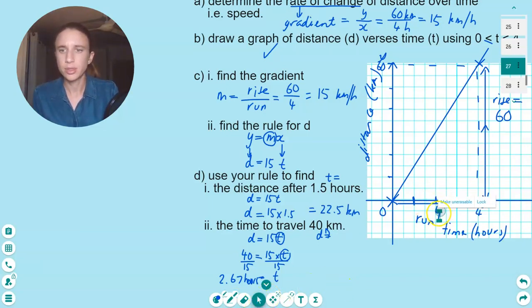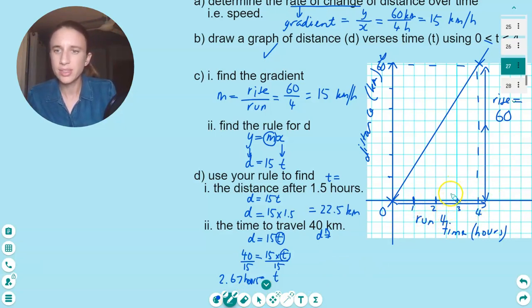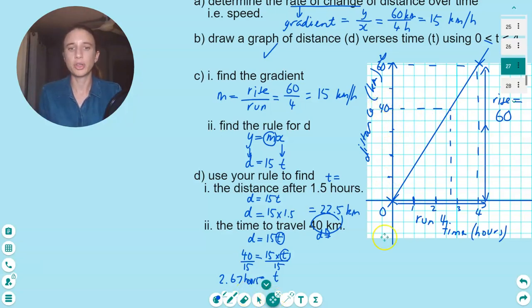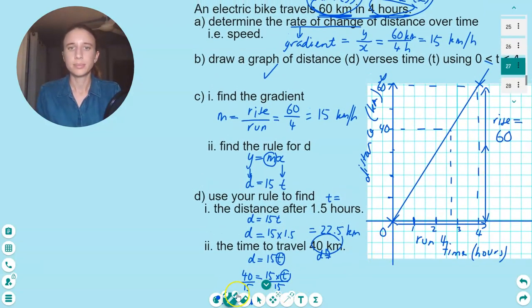That was the run that I was saying was 4. So this is 1, 2, 3, 4. So at about 3 hours, we should expect a value around 40 kilometers. So 10, 20, 30, 40. Looking pretty spot on. So you can always confirm with your graph to back it up.